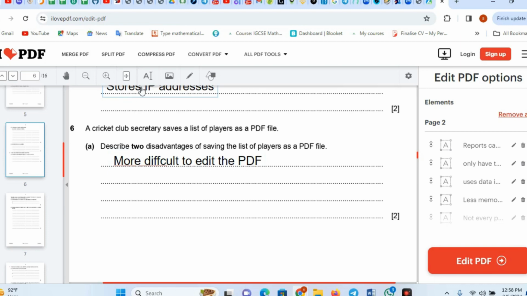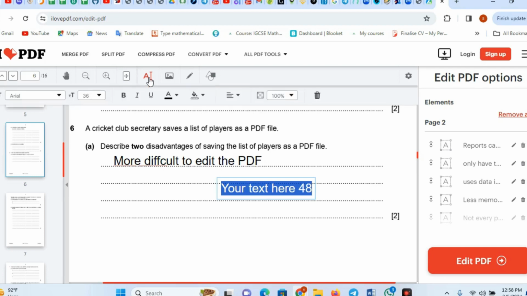Can you tell me another difficulty that we have there? Okay. 2 is that you need a PDF editor. PDF editor software is required before you can edit them.